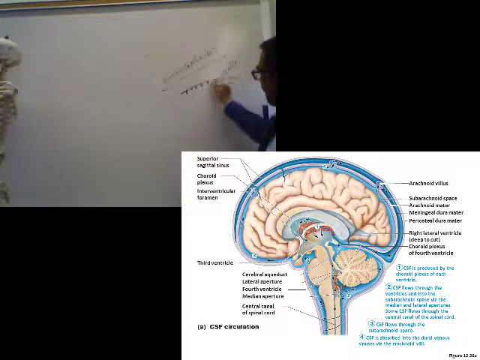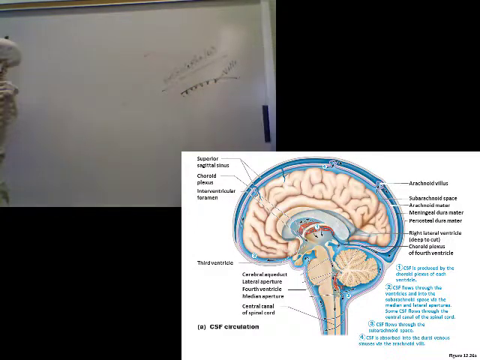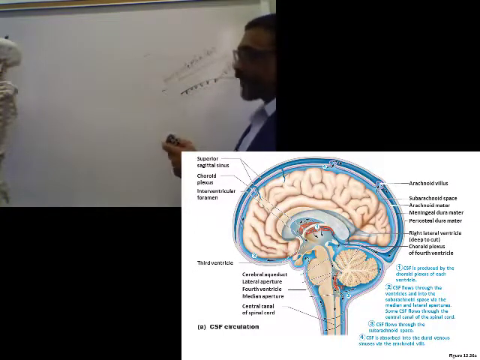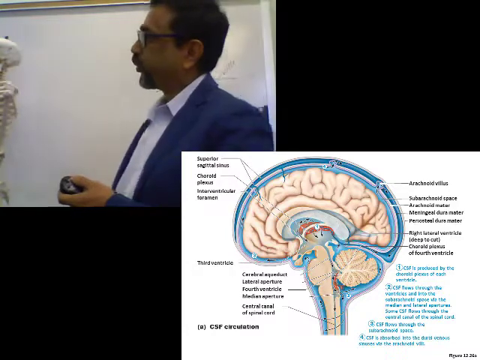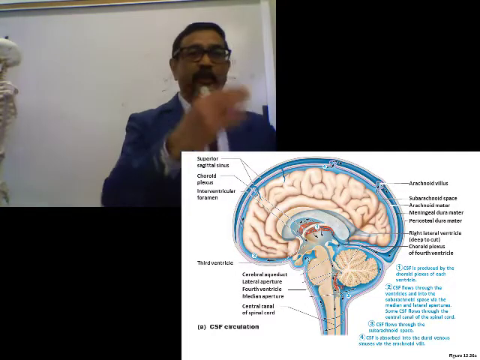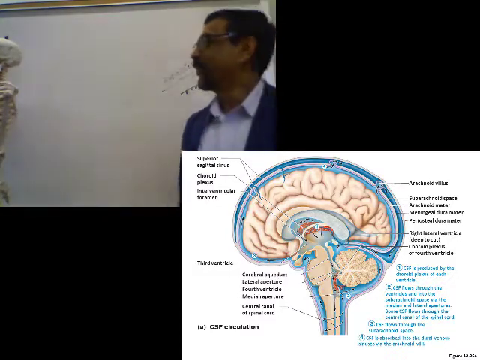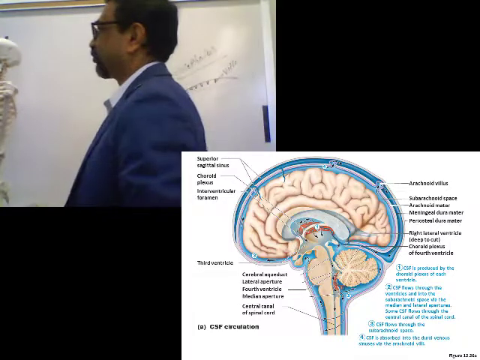And this villi of arachnoid mater, so subarachnoid cerebrospinal fluid. Now, this picture is showing the flow of the cerebrospinal fluid. Cerebrospinal fluid is continuously circulating or flowing. So you see the direction.